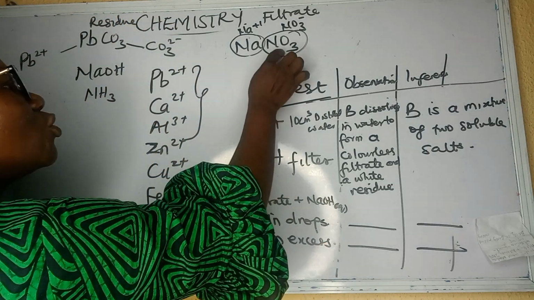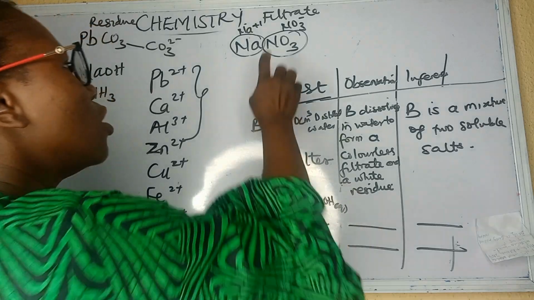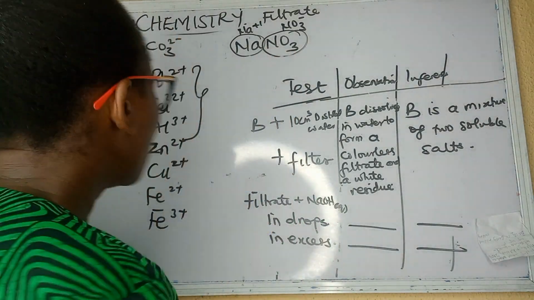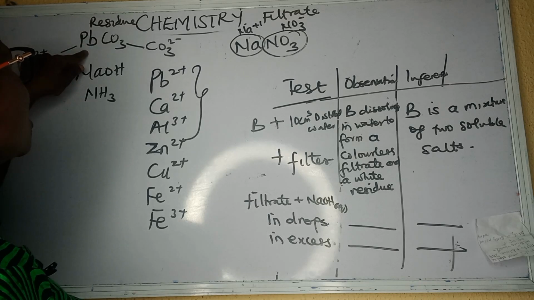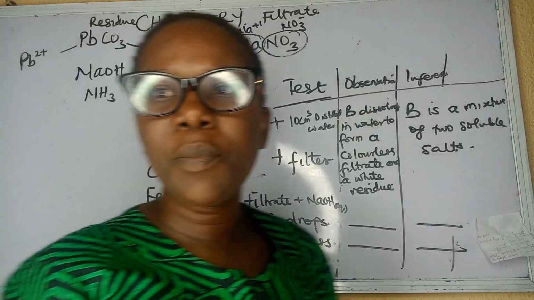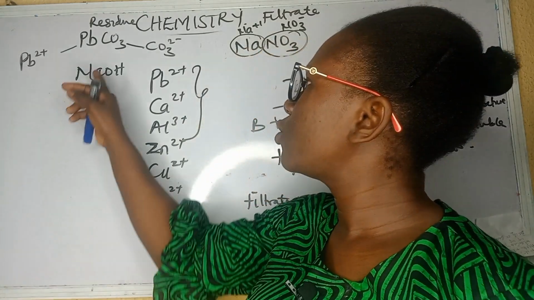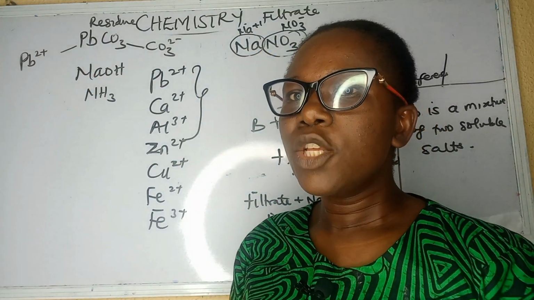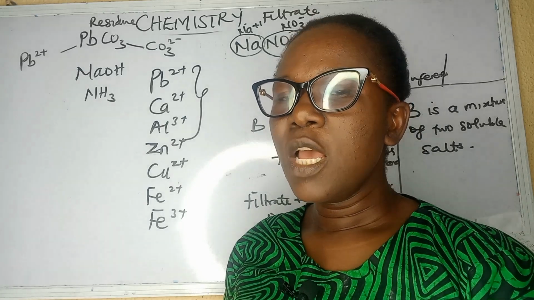Now, when you are asked to use other chemicals, you are working on the trioxonitrate(V) part. But I want to settle the positive aspect first. For your residue, if you are asked to add sodium hydroxide in drops and in excess, and it contains lead, you see a white powdery precipitate that is soluble.